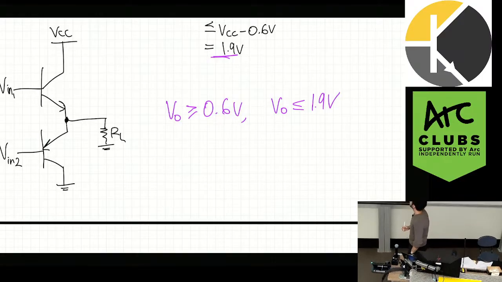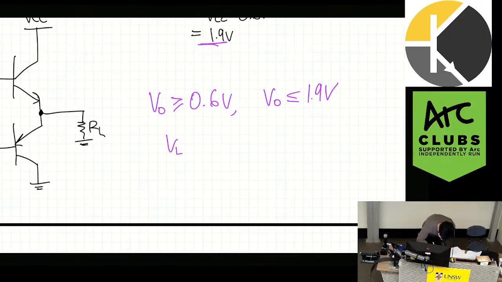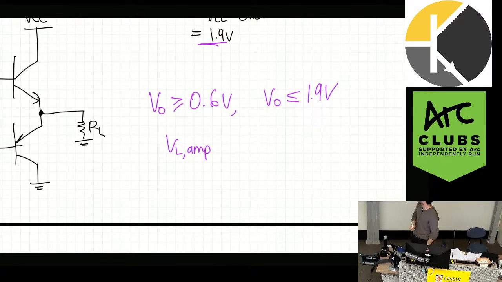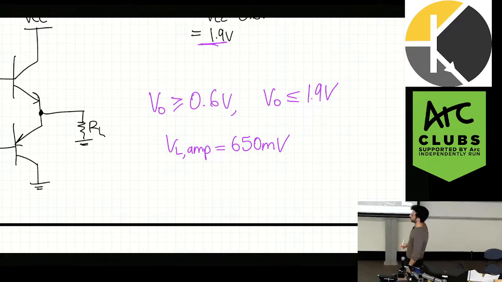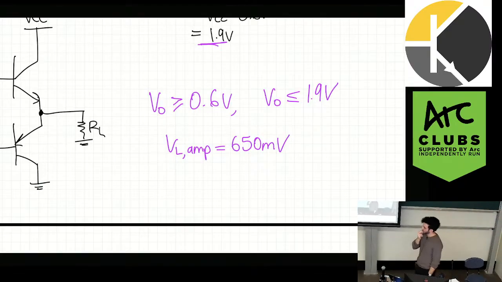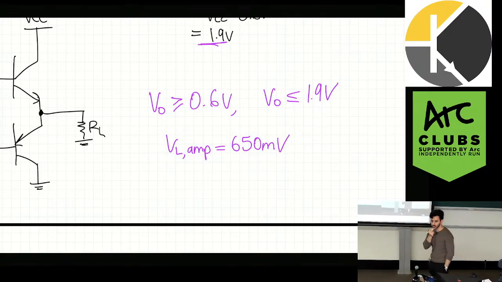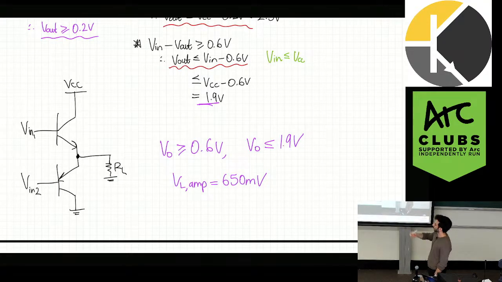Thank you. And so when you calculate this value, what you find is that the amplitude, or the swing, because it mentioned we needed 650 millivolts, I could just reach 650 millivolts. I could only just. And this is the best case voltage swing. And what's the problem with this? I've just written down the best possible voltage swing for this BJT, and we found that the best case reaches 650 millivolts, exactly on the dot.